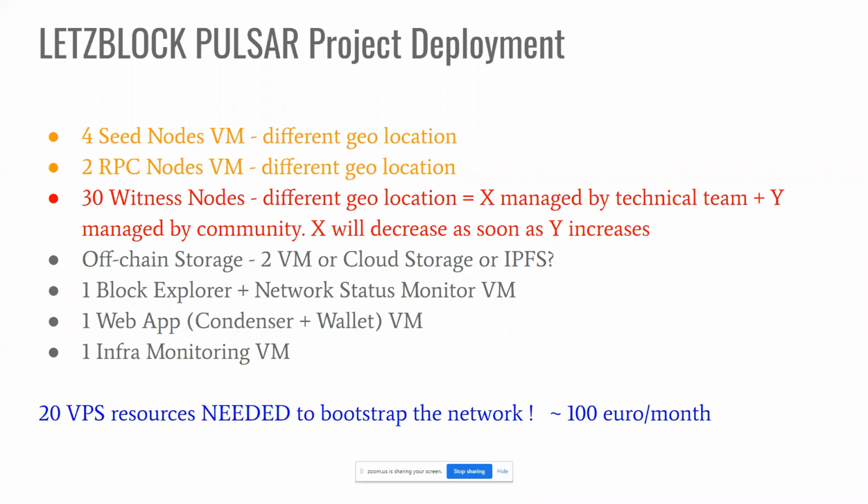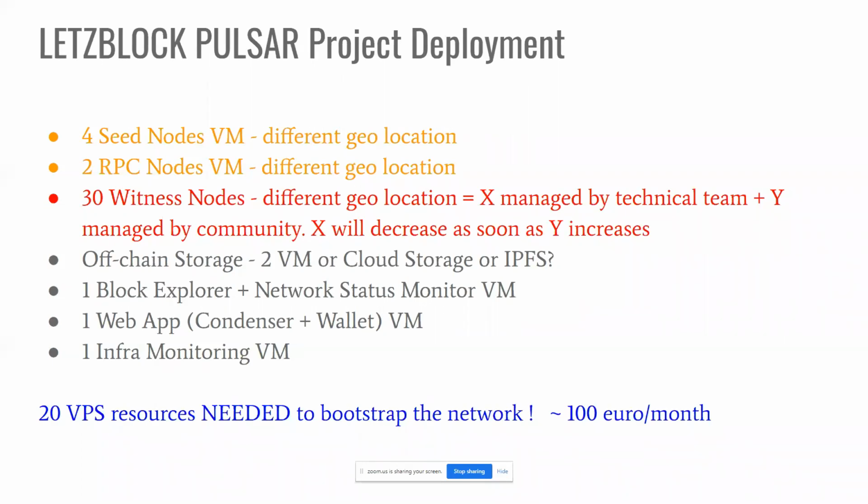To have a resilient deployment, our recommendation is to start with 4 seed nodes. This means that we need 4 virtual machines or devices, recommended to be in different geographical locations. We also recommend starting with 2 RPC nodes, again virtual machines in different geographical locations.